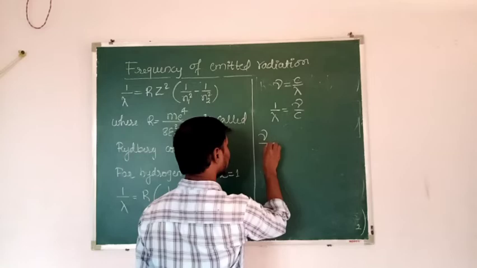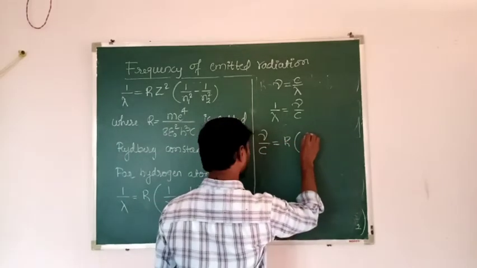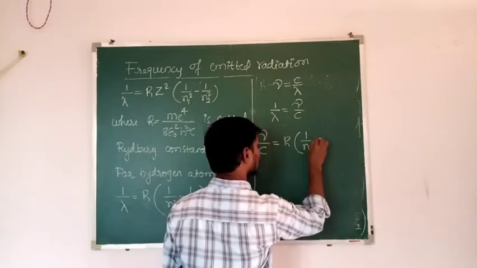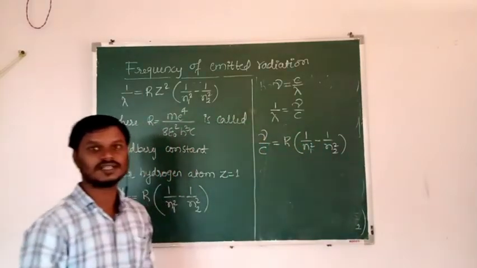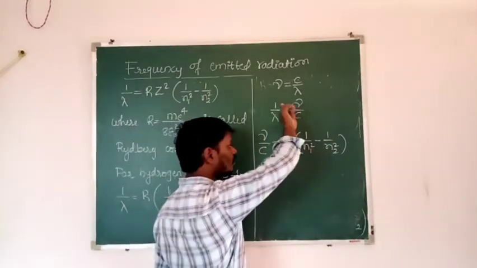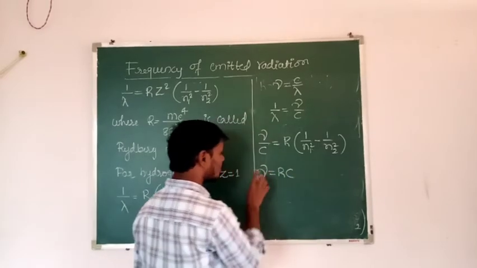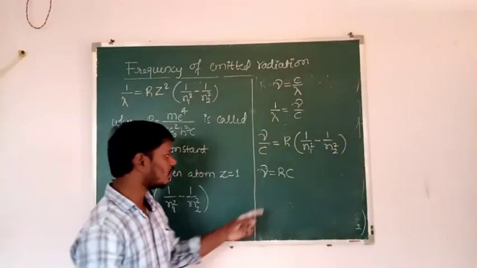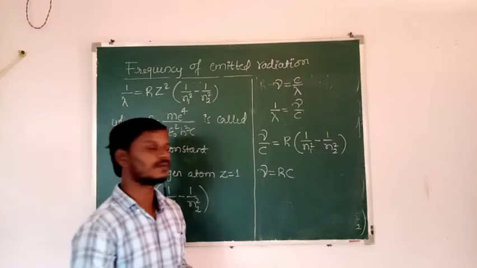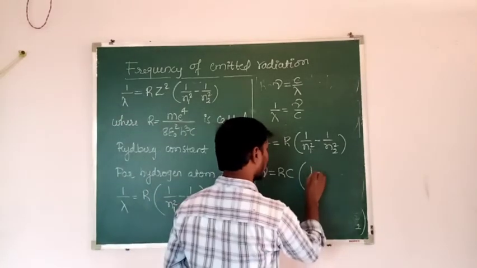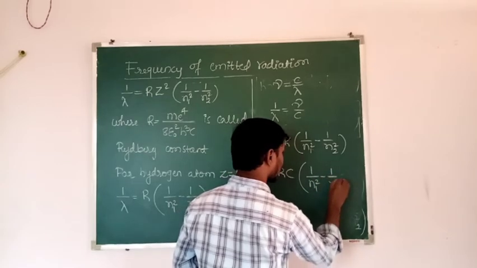Then nu by c is equal to R into 1 by n1 square minus 1 by n2 square. Then this is for the hydrogen atom. Then I will take this c to the right hand side. Then nu is equal to R into c into 1 by n1 square minus 1 by n2 square. So this is the frequency of the emitted radiation in terms of the Rydberg constant and c. C means 3 into 10 to the power of 8 meter per second.